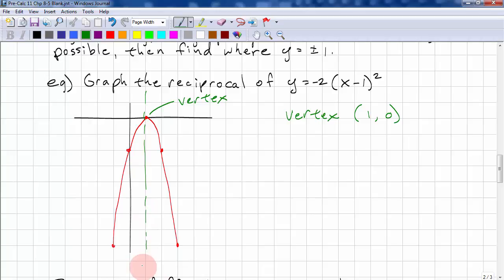It's also our vertical asymptote because it's 0. And we plot invariant points. So our invariant points are negative 1. We don't have positive 1. Then use asymptotes.